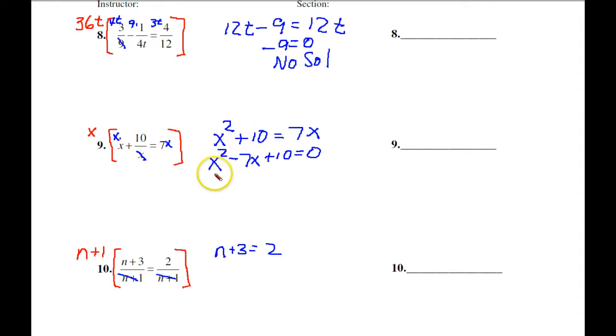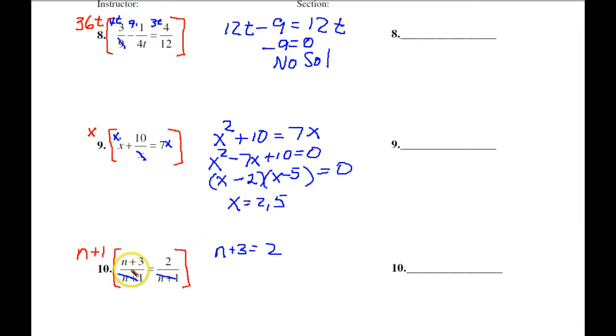For this one, we have to factor. It's an x and a 5 and a 2 and a minus, so we have x equals 2, x equals 5. Okay, so those are our solutions.